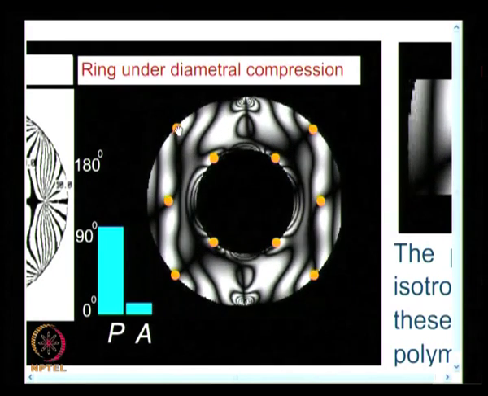In fact, I had given you this as a home exercise where the circular disc is so special. I said the isoclinic will meet the boundary at what angle. So, at each point on the boundary you will have one fixed isoclinic meeting, whereas at an isotropic point all isoclinics pass through.